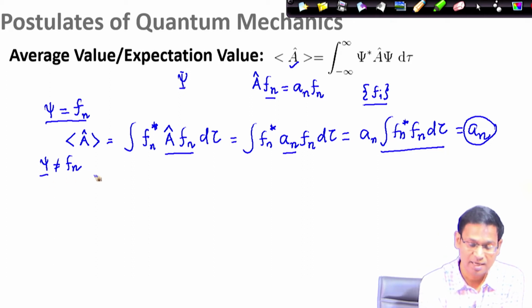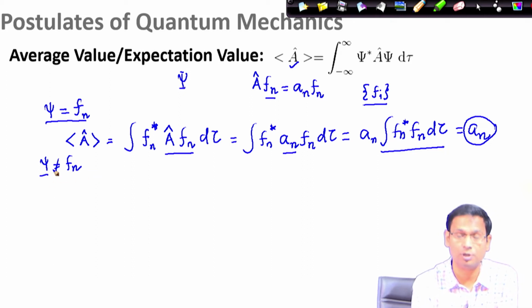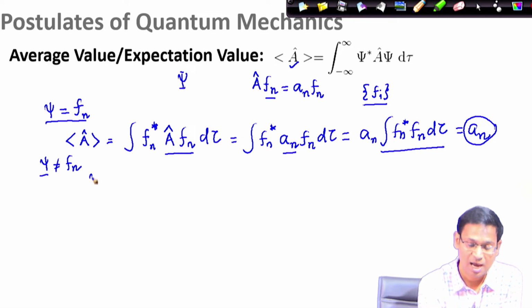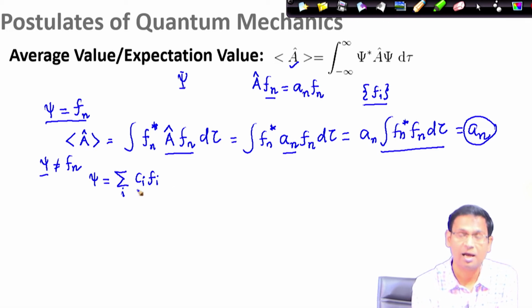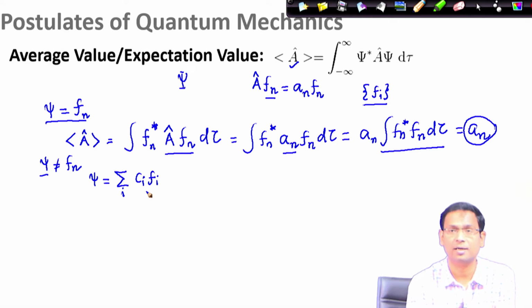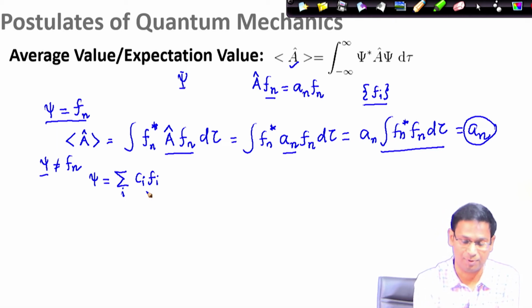So, if psi is not equal to any one of these eigenfunctions, I can always express it as a linear combination, where the c i are the coefficients in this linear combination and the f i are individual eigenfunctions of operator A.